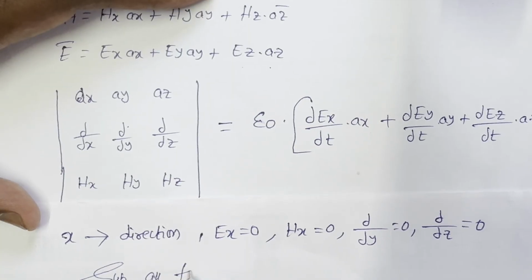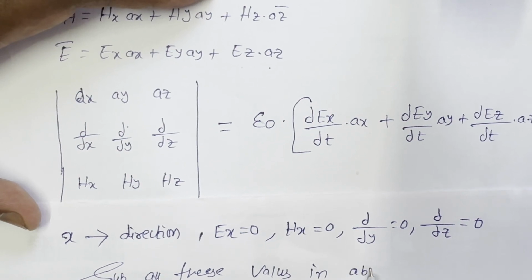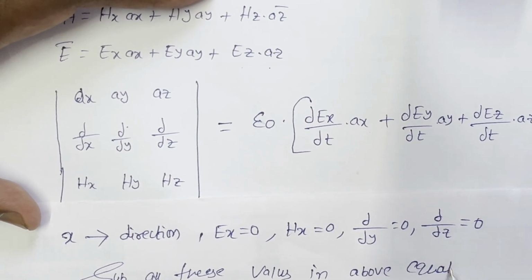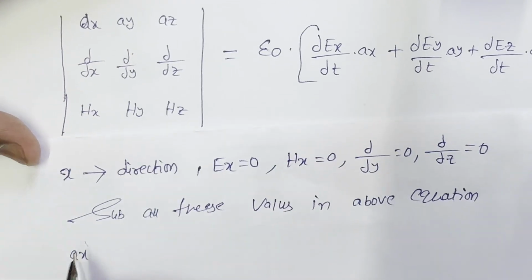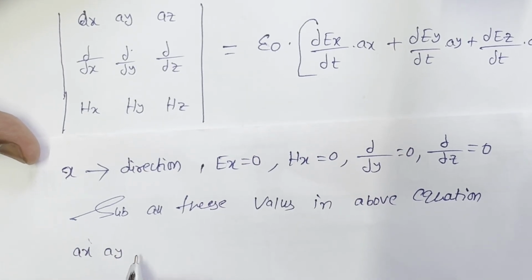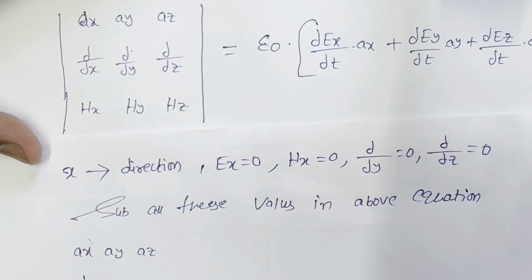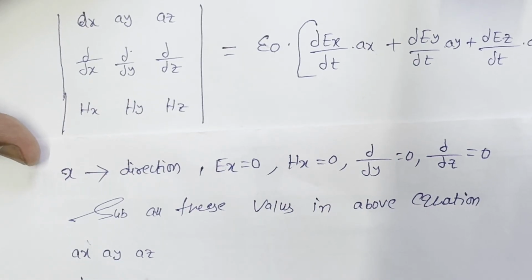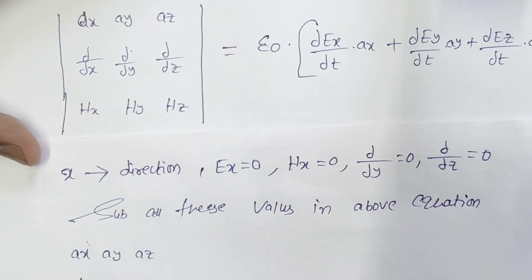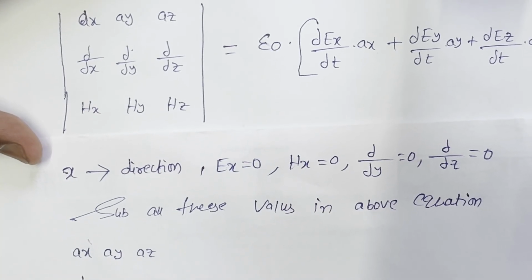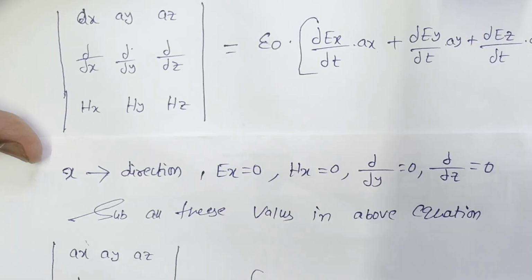Substituting all these values in the above equation: Ax, Ay, Az as usual; dou by dou x as usual, dou by dou y value 0, dou by dou z value 0; Hx value 0, Hy and Hz exist, equal to epsilon naught into the E bar term.